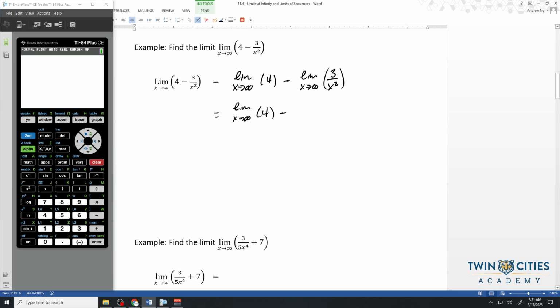And so then I'll say the limit as x approaches infinity of 3 times 1 over x squared.